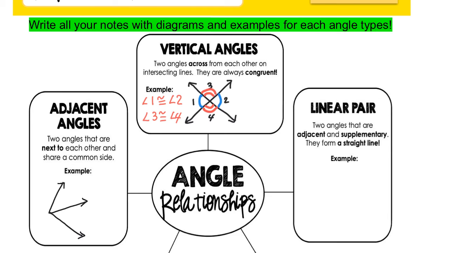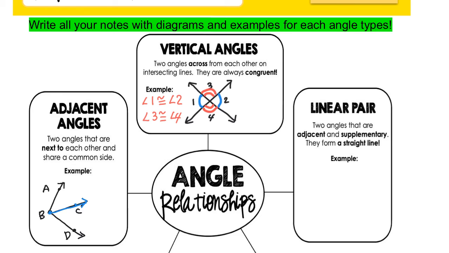So let's say I put A, B, C, D. Then the ray BC is a common side. Common side means both angles share the same side.